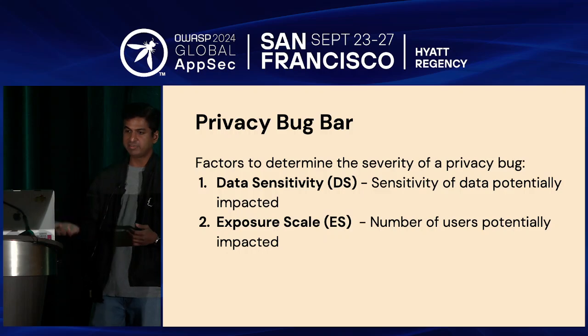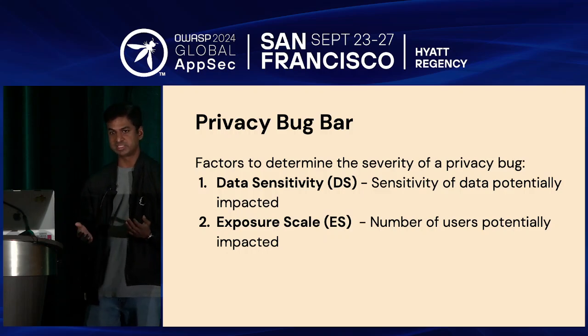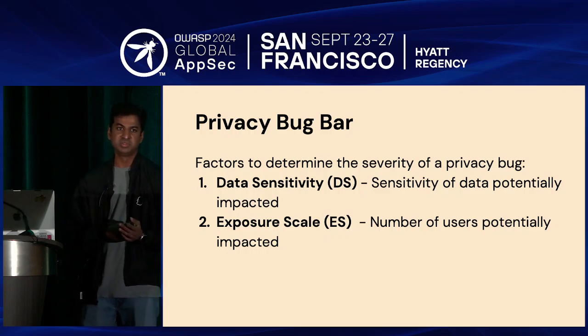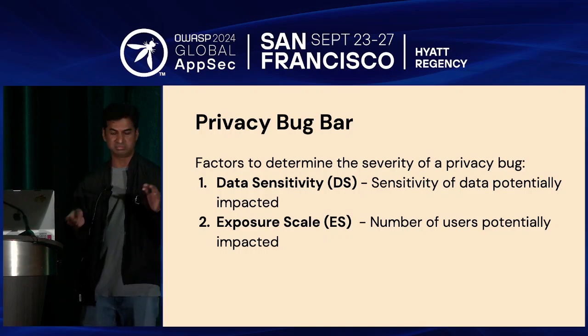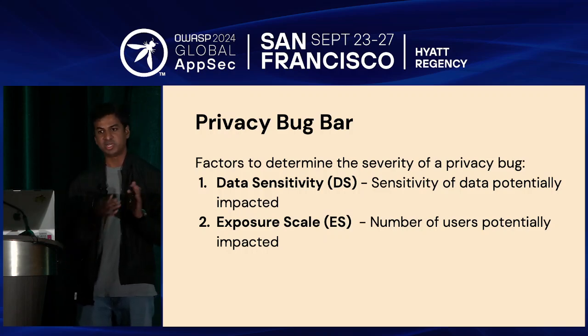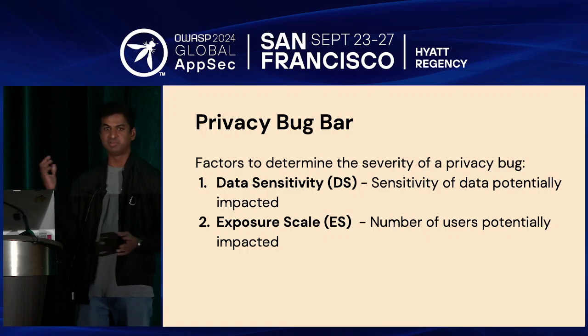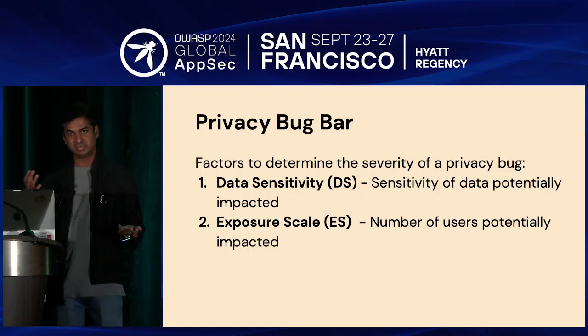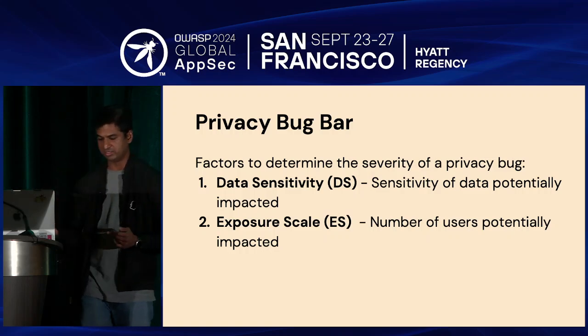The second factor would be the exposure scale. We often do A/B testing where a new feature is rolled out to a section of the population. Depending on how many users are potentially affected, whether it's 0.1% versus 10% or 50%, the severity of the issue can change.